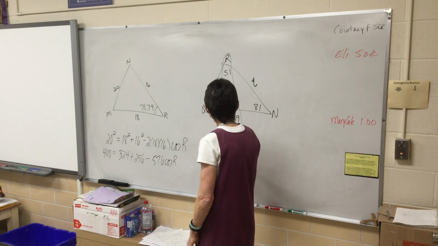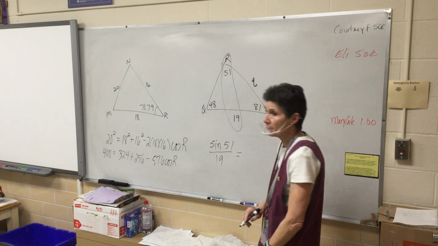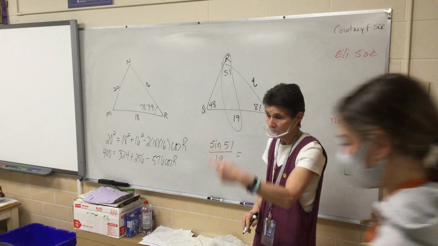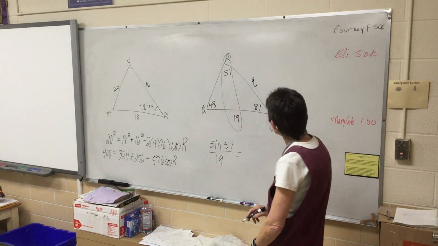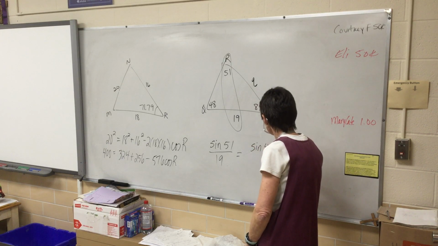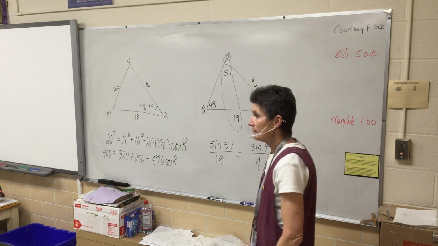So sine 51 over 19, always start with your pair, whatever your pair is. Then sine 48 over Q. Does that look all right to everybody?